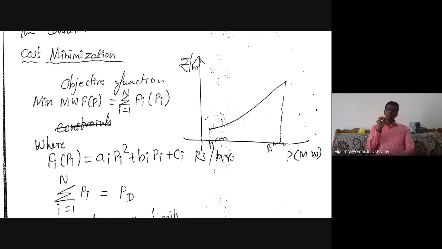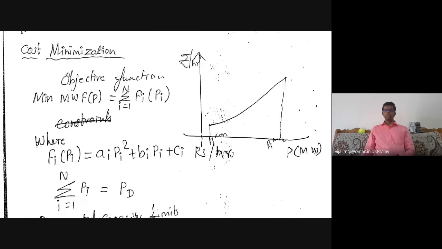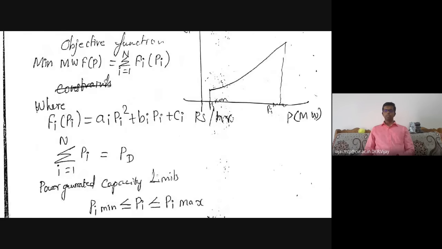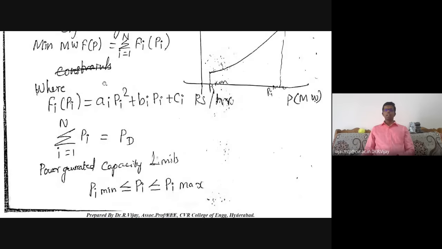So the fuel cost might be very low and the power generation will be more, because the resource is free and the cost is minimum, so the characteristics will come out somewhat like this. Based on every resource, you can draw this fuel cost characteristic. Here this is mainly meant for thermal generating units.